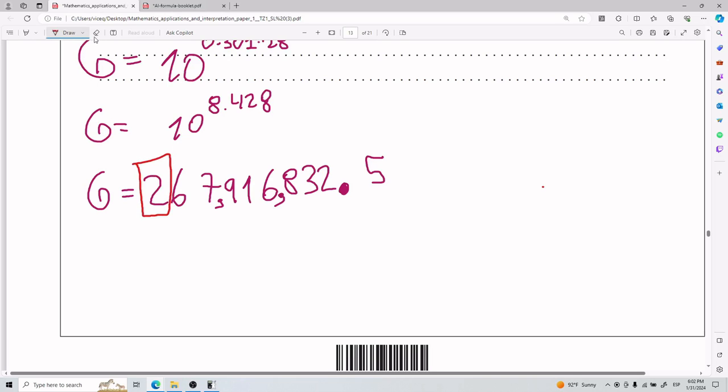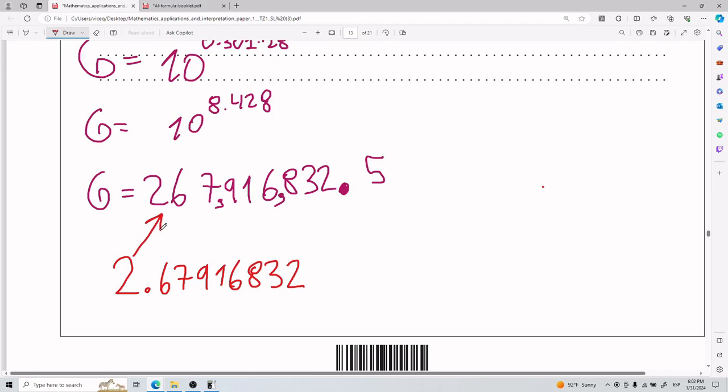So I would be putting 2.679168325. I took this number from before, took the first digit to keep it between 1 and 10, and put everything else as a decimal. And I multiply it by 10 to the power of 8.